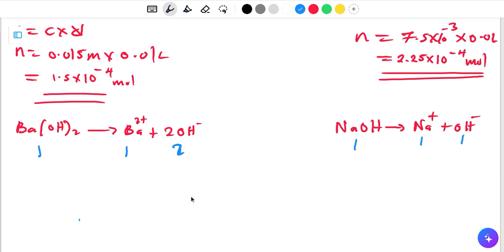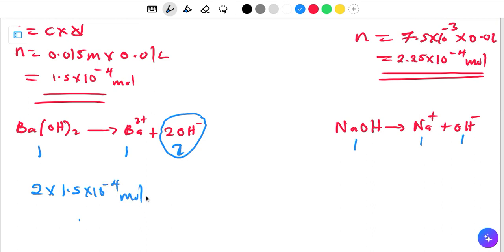So in terms of the concentration of hydroxide ions here, we need to multiply. Let me say the number of moles of barium hydroxide, for us to know the number of moles of hydroxide ions. So we have 1.5 multiplied by 10 to the power negative 4 moles.